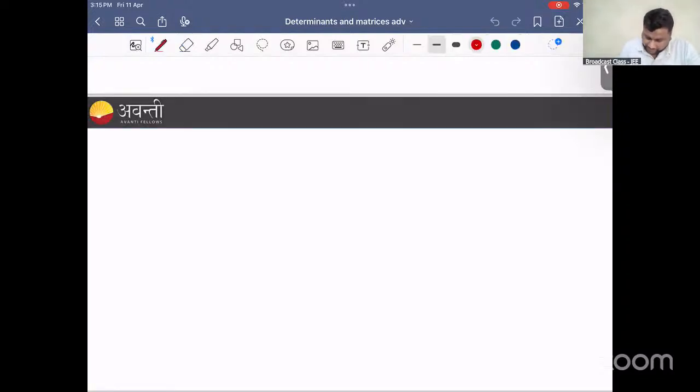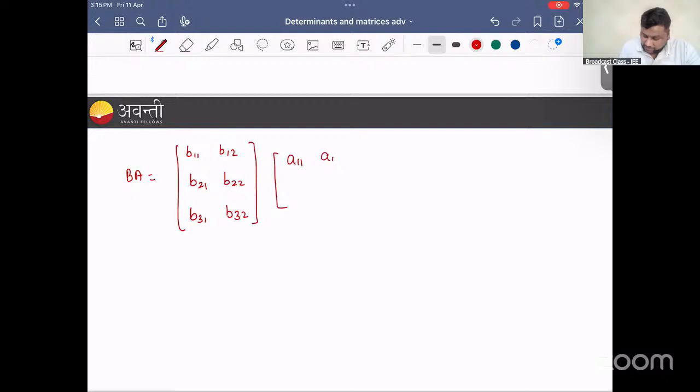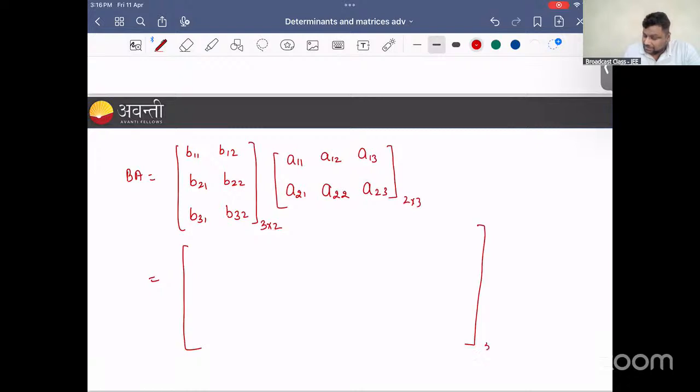So we were trying to find BA. B11, B12, B21, B22, B31, B32 multiplied by A11, A12, A13, A21, A22, A23. Now see, this is of order 3 by 2 and this is of order 2 by 3, so certainly the resultant will be of order 3 by 3.